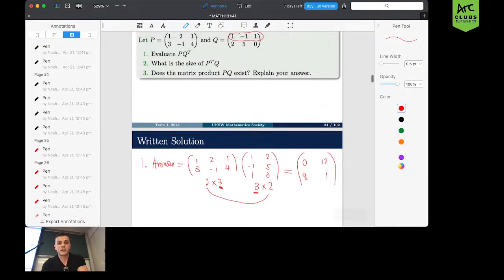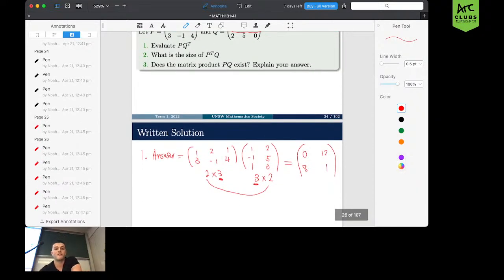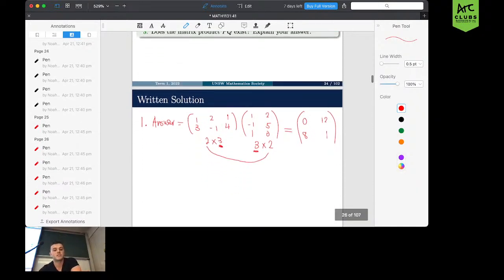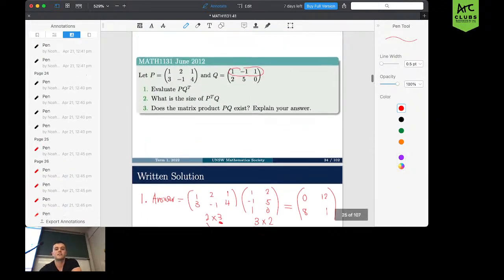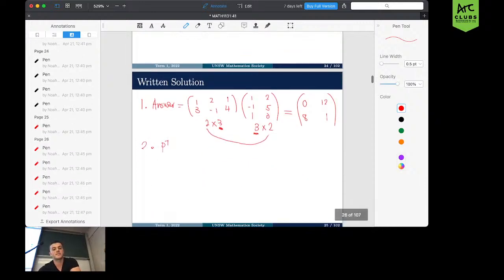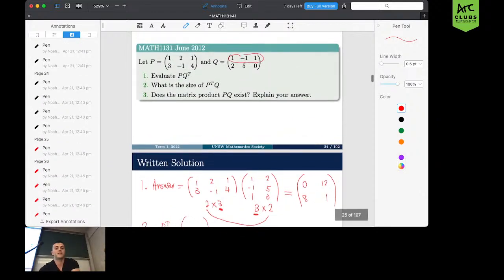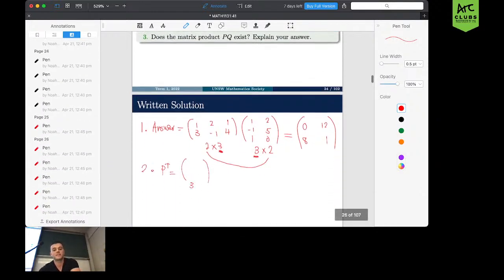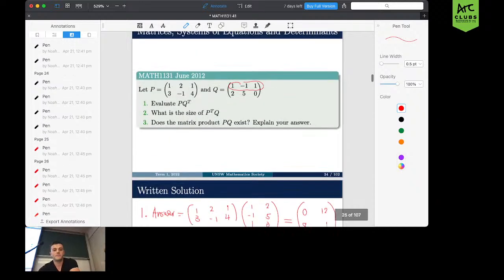Okay, very nice. Evaluate the size of P transpose Q. So what you might notice is that P was a 2x3 matrix. So if P was a 2x3, then P transpose has to be a 3x2.